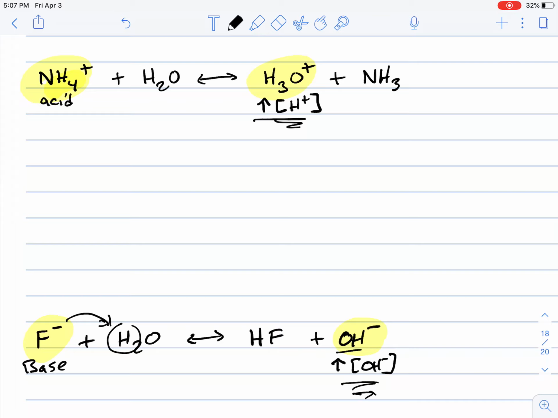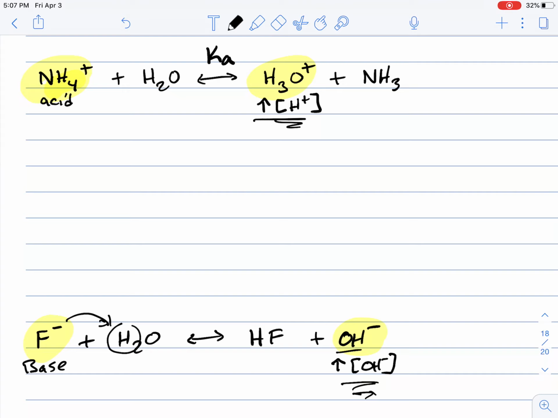And so to do that, we have to compare their equilibrium constant values. So since NH4 is an acid, this forward reaction has to be representative of Ka.